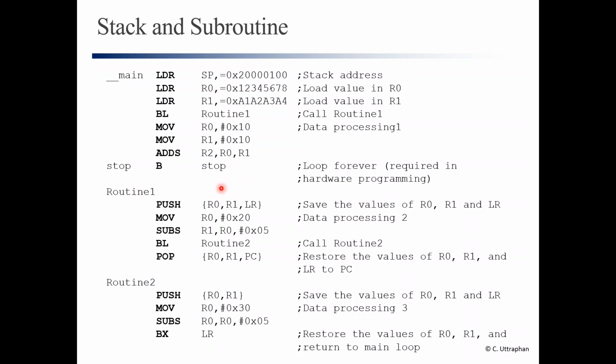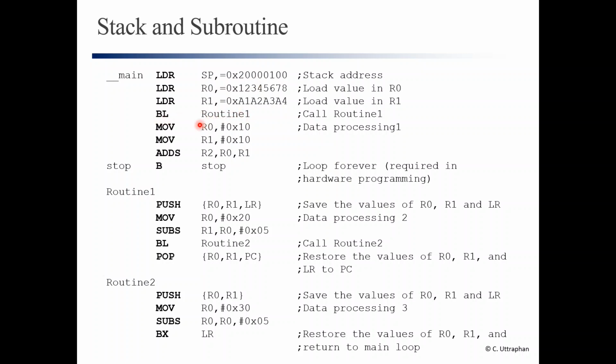In this example, we will have 2 subroutines. The first subroutine will be called from the main program, and the second one will be called from subroutine number 1. Now, we have these values in R0 and R1, respectively. And this is the stack address. Then we call subroutine 1 here.